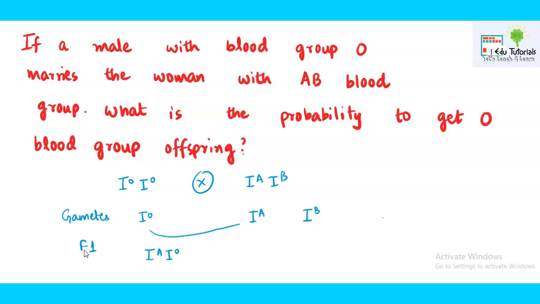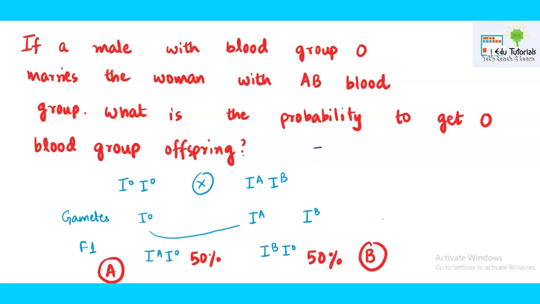Remember, we need to always keep the rule in mind that the dominant allele has to be written first, followed by the recessive allele. IBIO. That means in the F1 generation we have two possibilities, and that says that 50% of the offspring will have blood group A and 50% of the offspring will be born with blood group B.